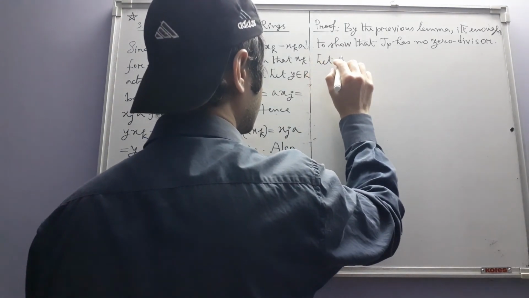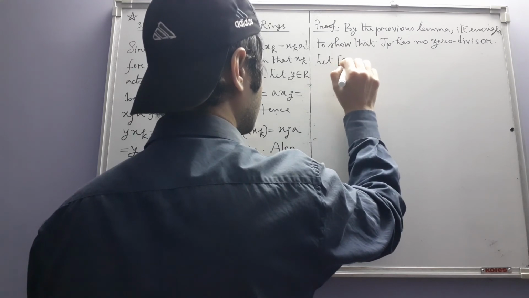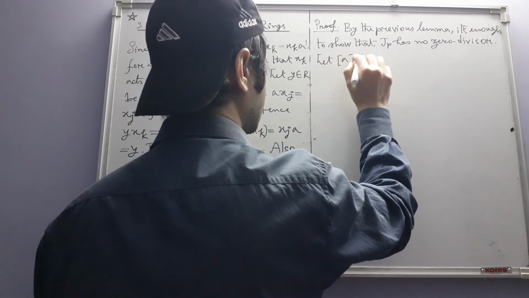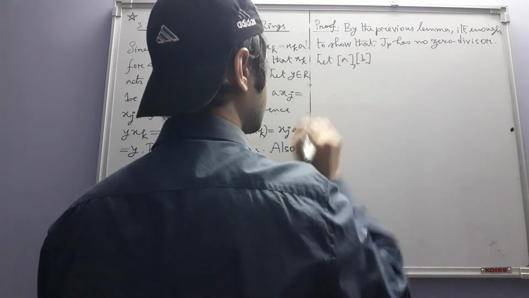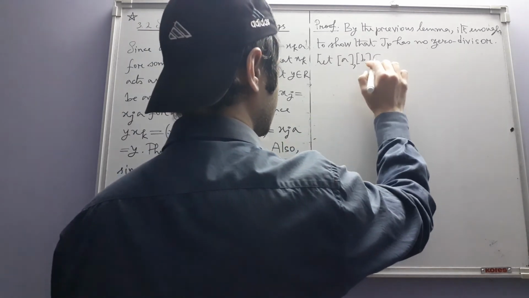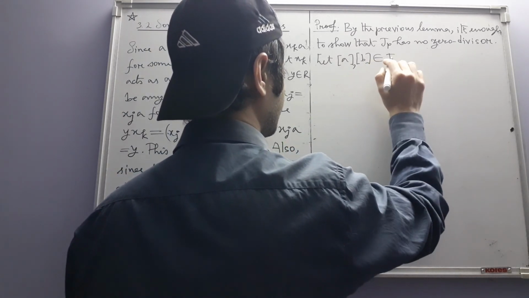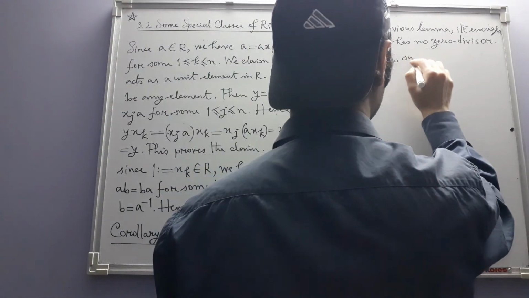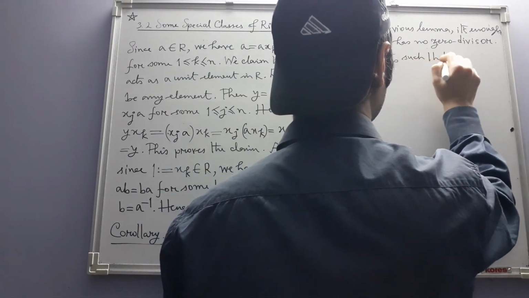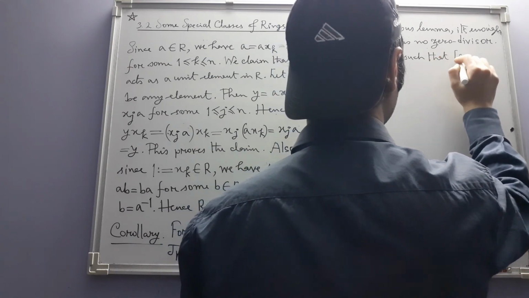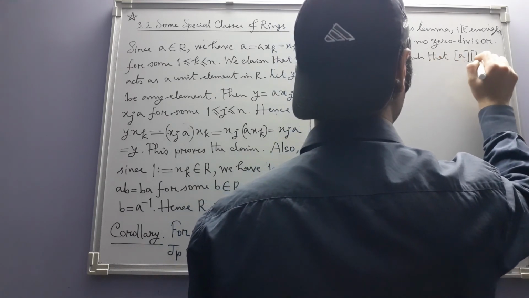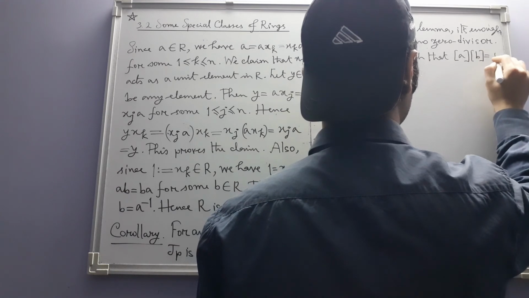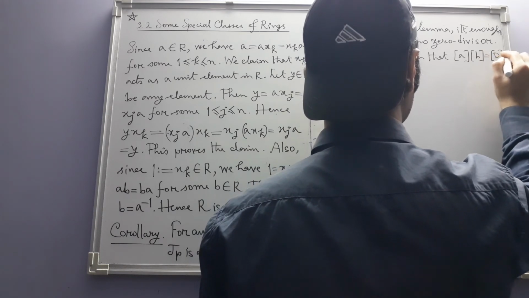Let A and B, these congruence classes modulo P, be considered such that their product is 0.